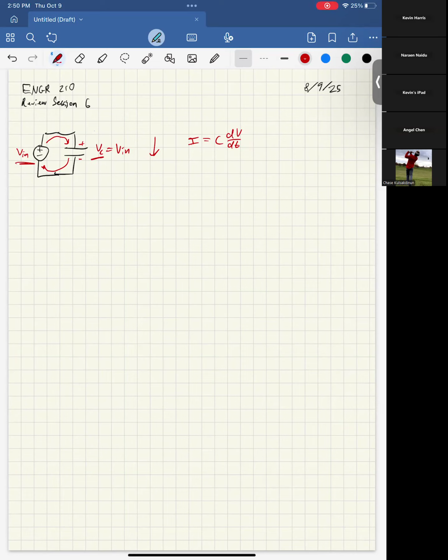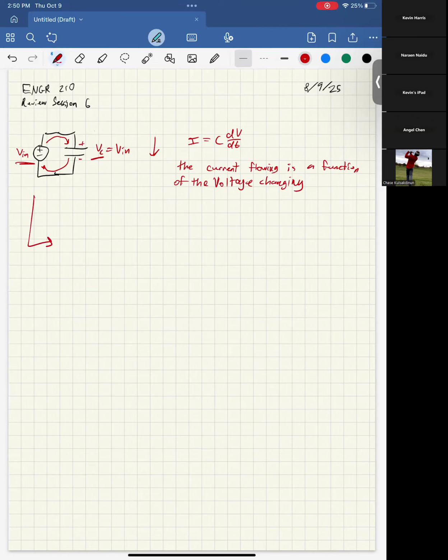So what this is saying is the current flowing is a function of the voltage changing. What this also means is that if the voltage is not changing, then there is no current flowing.